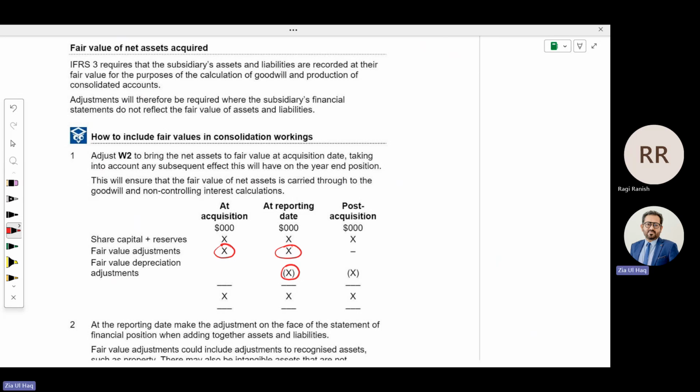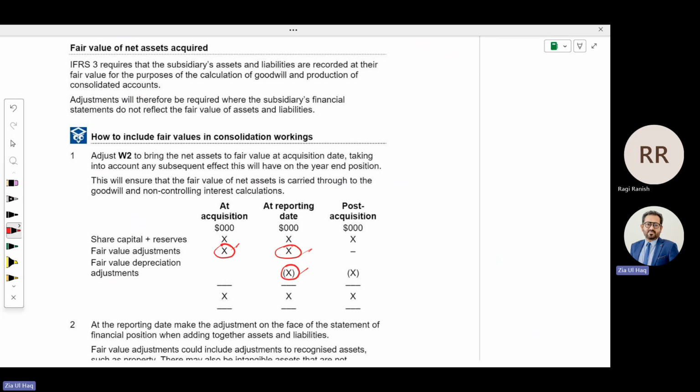So we calculate net assets using share capital plus reserves. But if the asset's fair value is more than its book value, we need to make an adjustment. How much is the difference between book value and fair value? That we will add in acquisition date net assets as well as reporting date net assets. And due to the addition of fair value of assets, there will be more depreciation. So that depreciation we will deduct at year end.